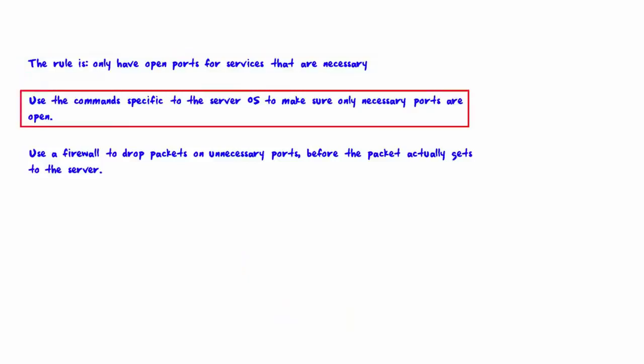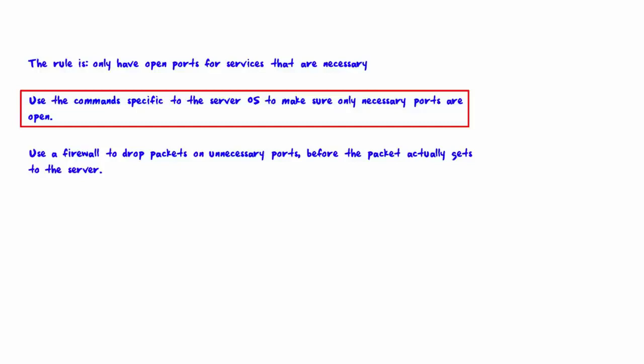Use the commands specific to the server OS to make sure only necessary ports are opened. So each OS has specific commands that you can use so you can see what ports are opened and not, and also how you actually open a port or close a port.